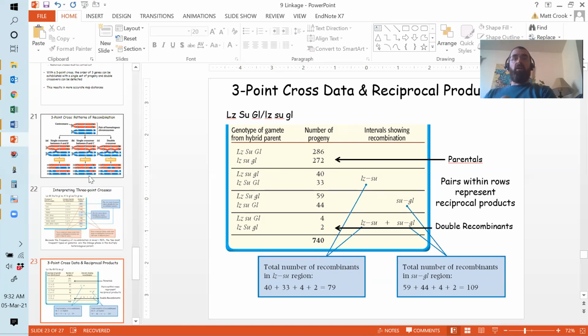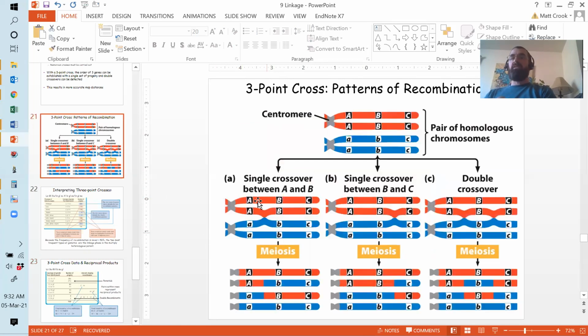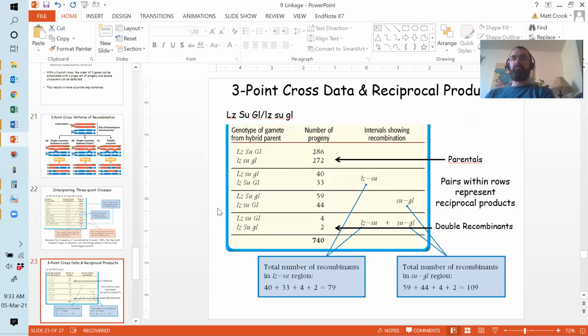Now those are the result of single crossover events between A and B, so this is LZ and SU in that example. However, you also get recombination events between LZ and SU in double crossovers, so you need to add those in as well.